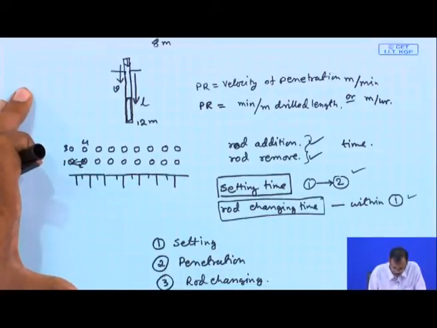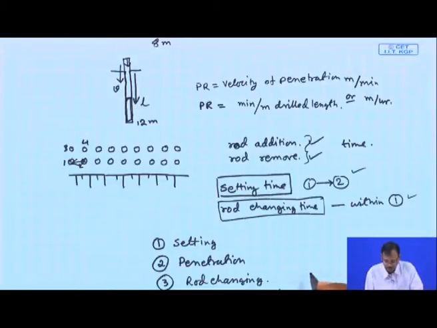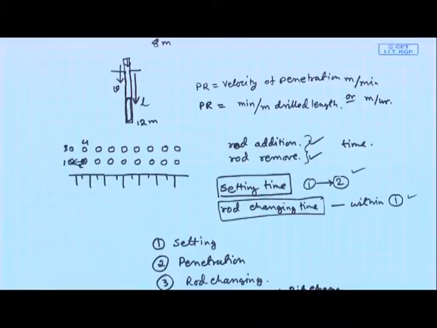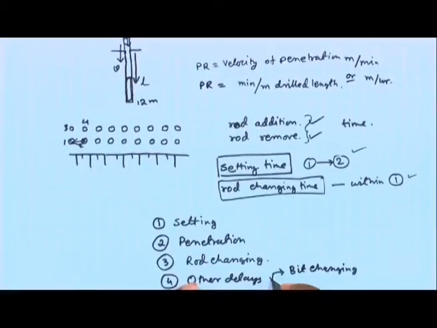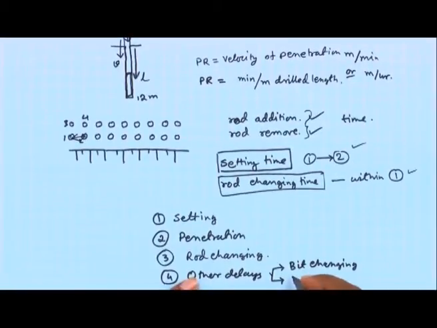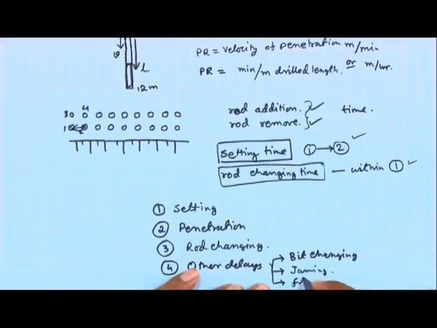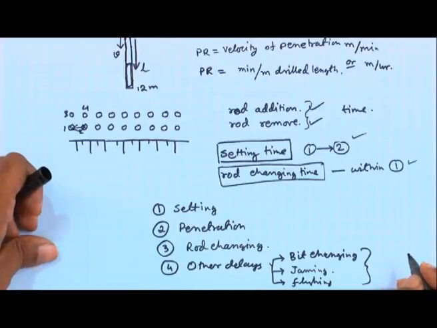Then there may be other delays and these delays may be because of the drill bit changing, because of the jamming of rod, flushing. So, all these are the other delays associated in a drill cycle.